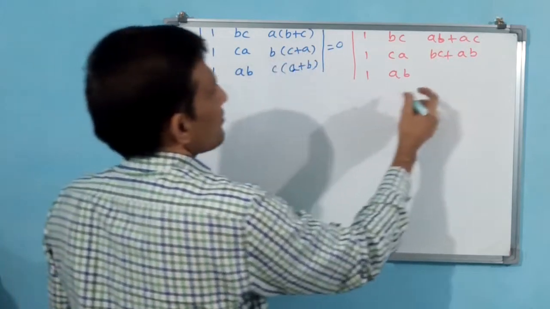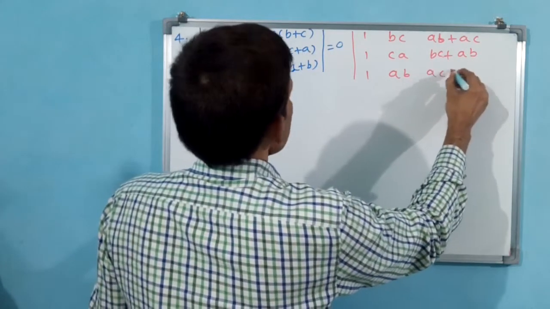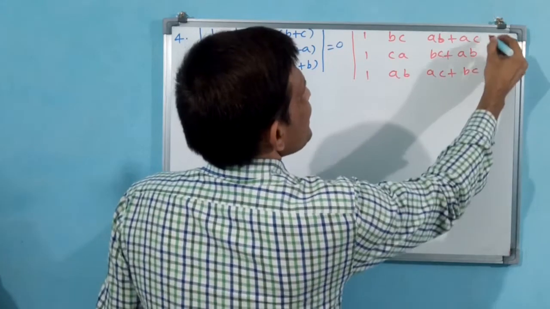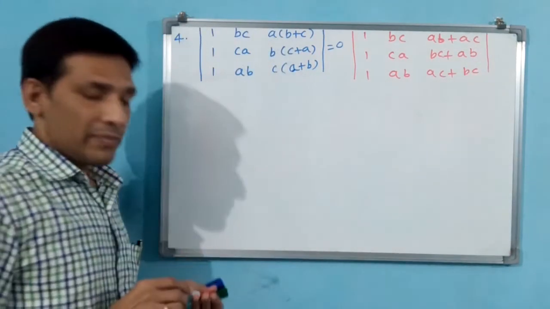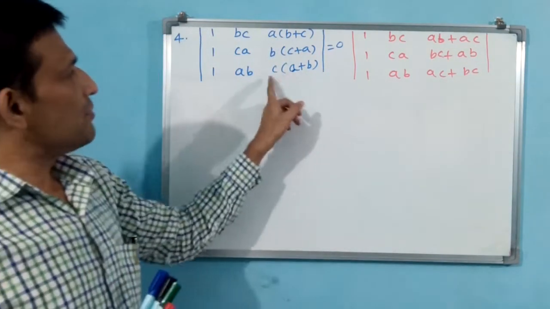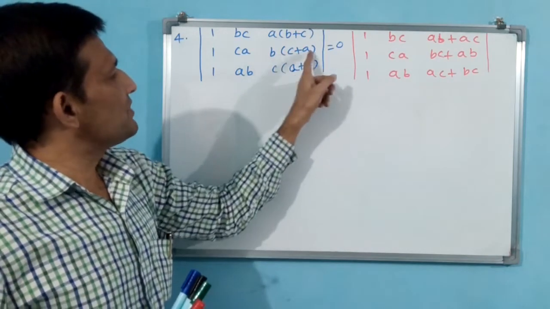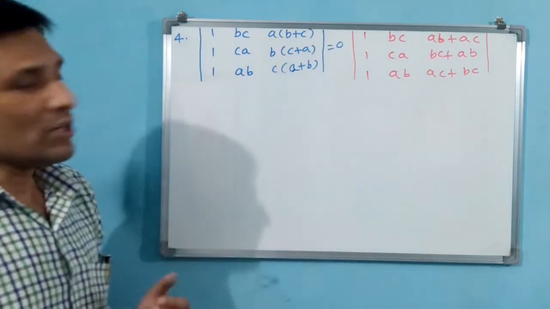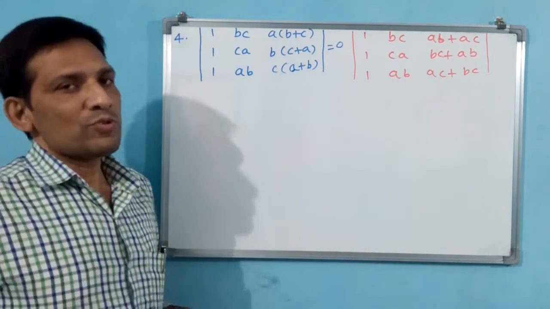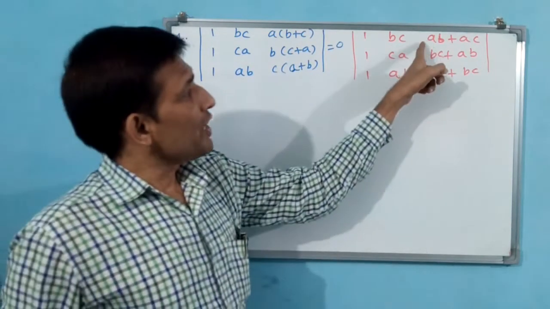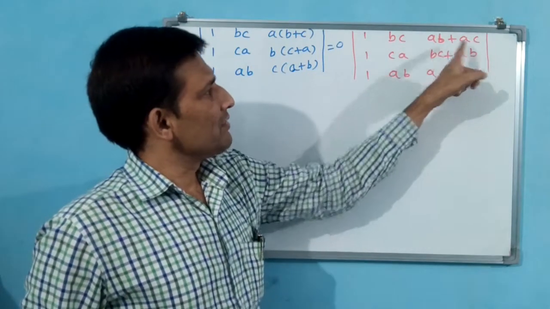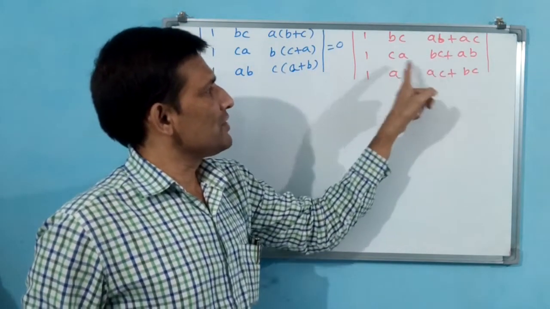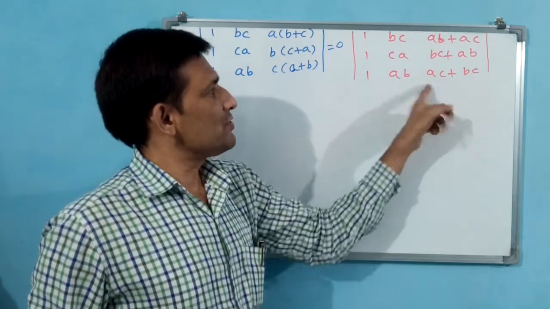BC plus AB or BA. Okay. And AC plus BC. Is it okay? AC plus AB. BC plus AB. AB plus AC. Okay. Now, just you think: AB, BC, CA. AB, BC, CA. All are there.